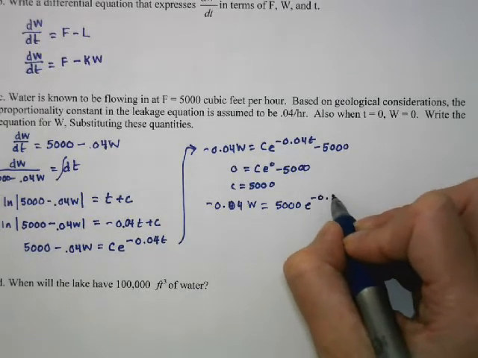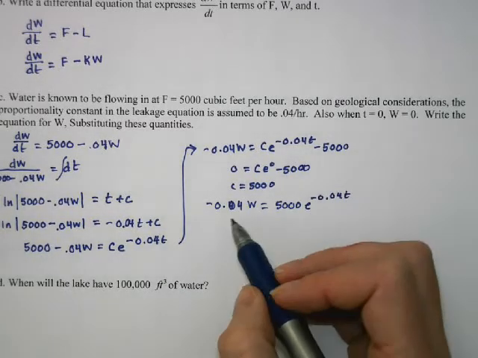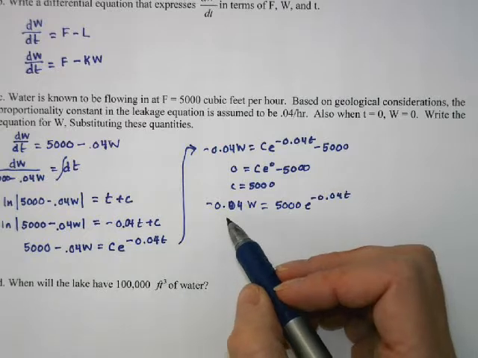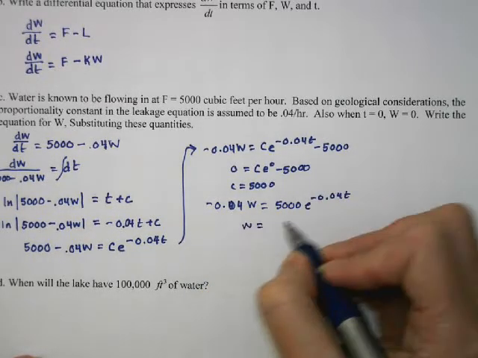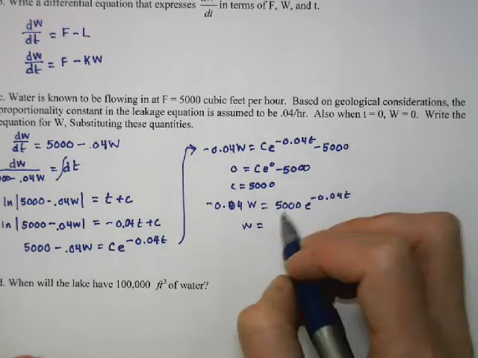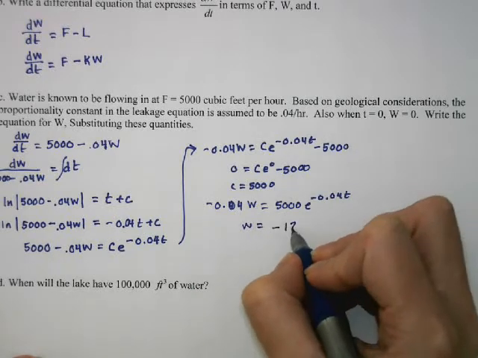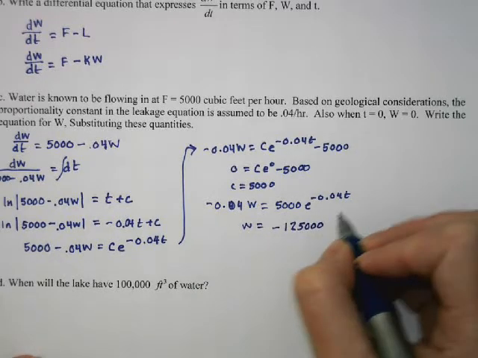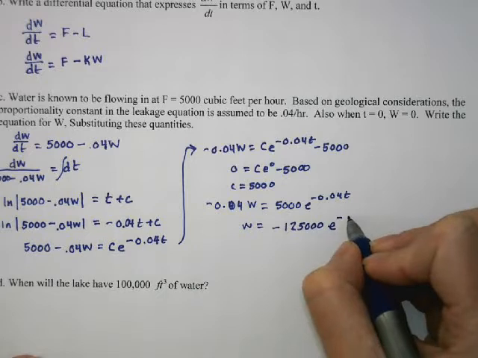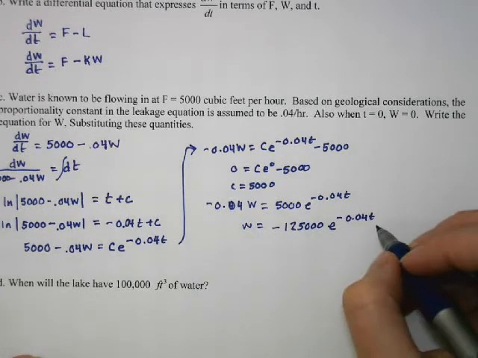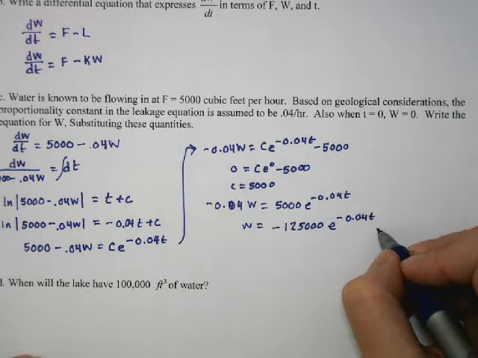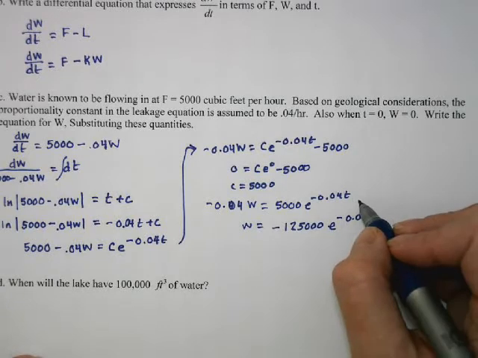Then I'm going to divide by this negative 0.04, which gives me a negative 125,000e to the negative 0.04t, minus 5,000. Keep dropping things.